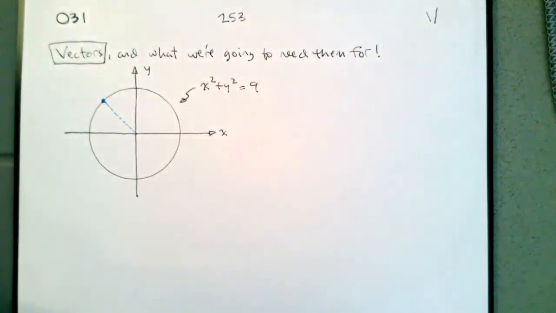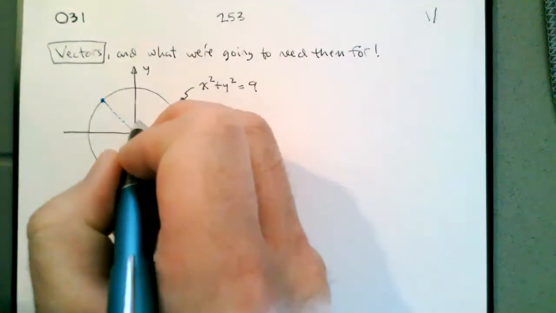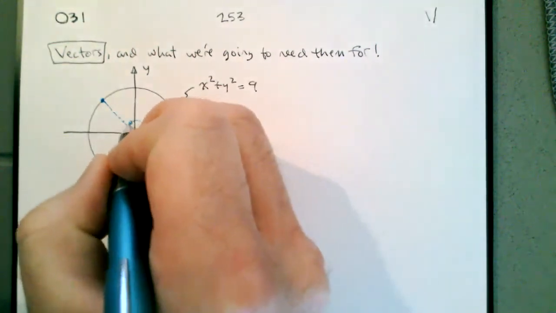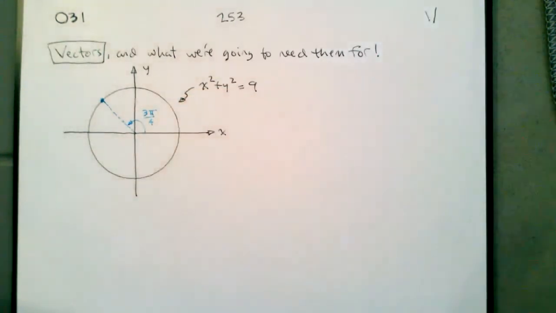That's not 135 degrees. That'll be 3 pi over 4 radians. And what I want is the slope of the tangent line, because the slope of the tangent line is a direction that we're trying to describe.